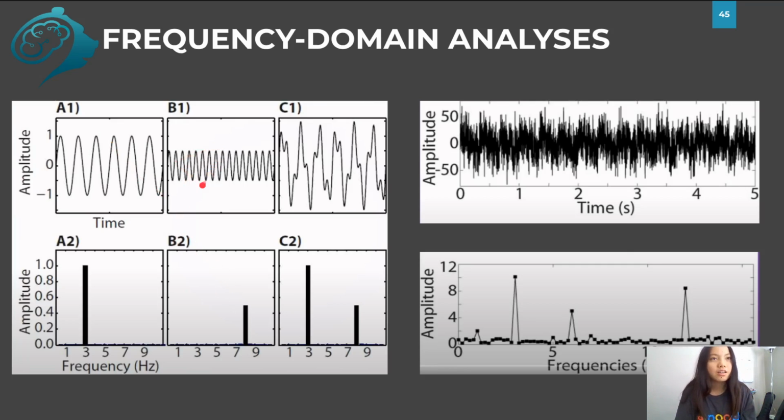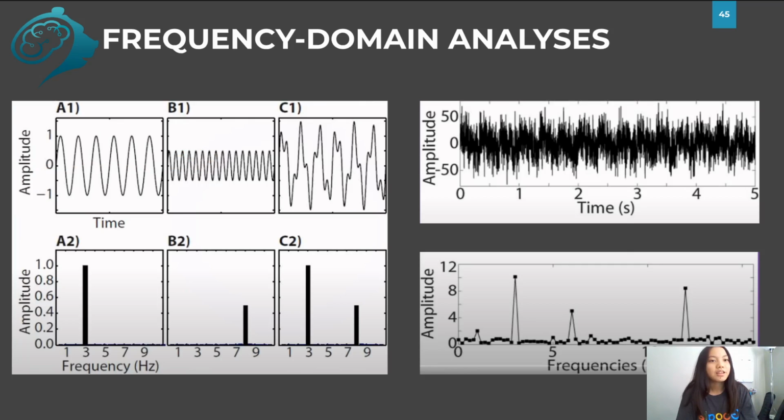And you can see that figure B1 is oscillating much faster and has a lower amplitude, at around 8 Hertz. So that's why the amplitude of the frequency here is lower compared to figure A.